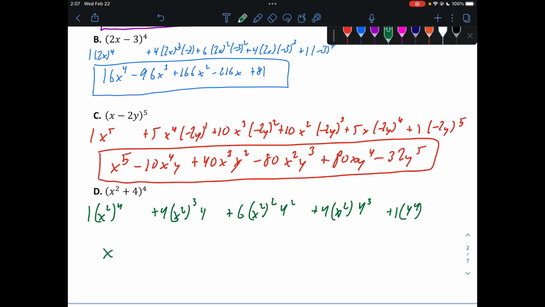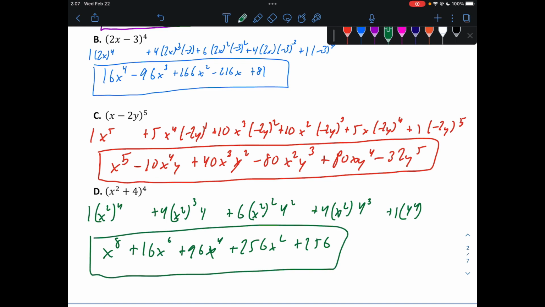So it'd be 1x to the 8th plus 16x to the 6th plus 96x to the 4th. All right, let's see, 64 times 4 would be 256 x squared. And then 4 to the 4th is also 256. So that would be our expanded binomial there.